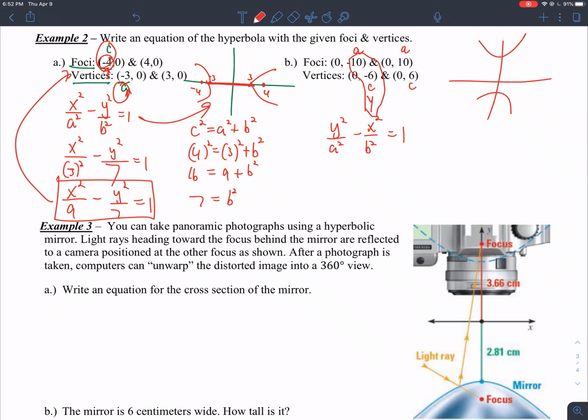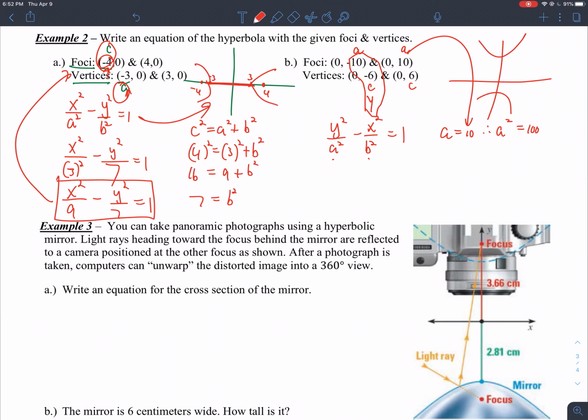Same thing. I know a already. A is 10. I just want to find b squared. So I know a is 10 from here, and that means that a squared is 100.